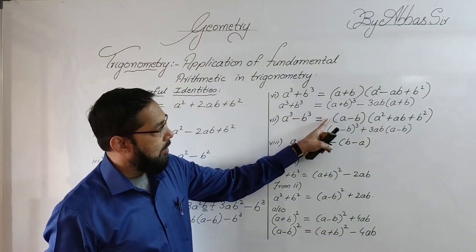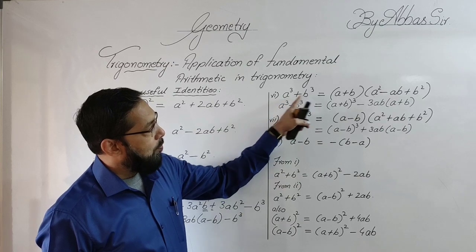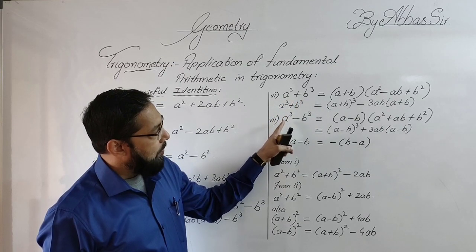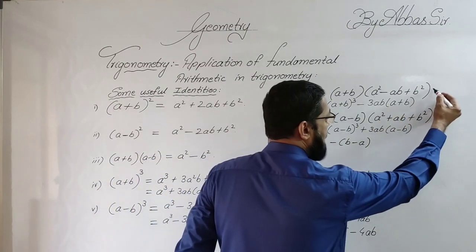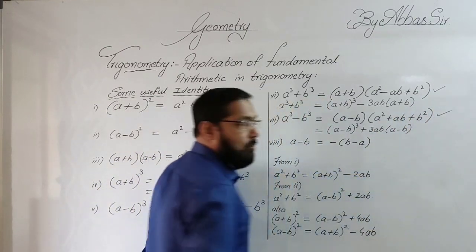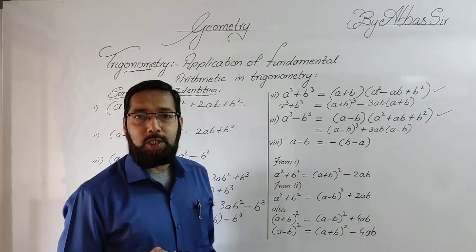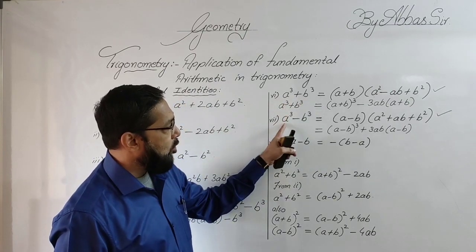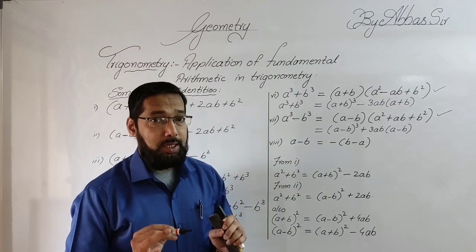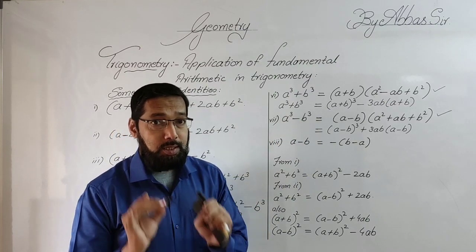These two formulae, one for a cube plus b cube and the other one for a cube minus b cube, are called as factorization identities. I'll repeat, they are called as factorization identities.